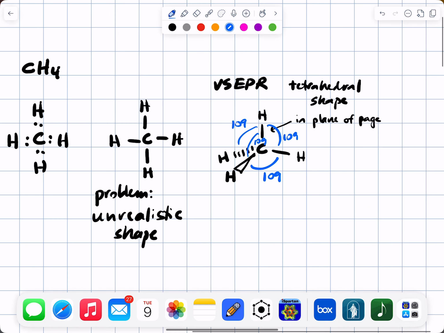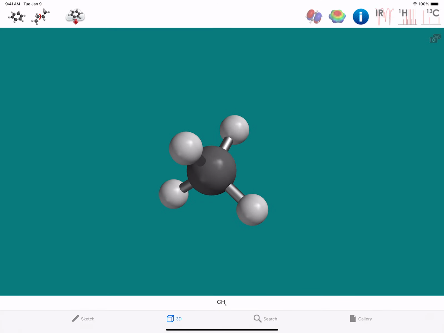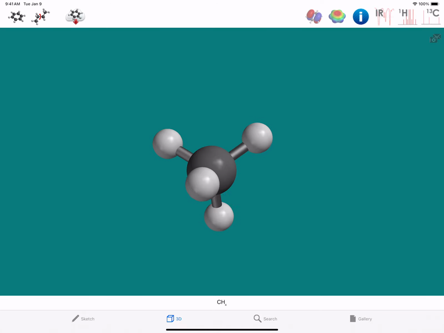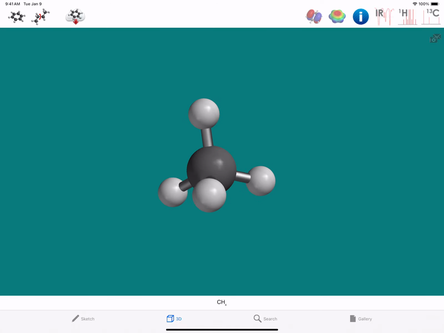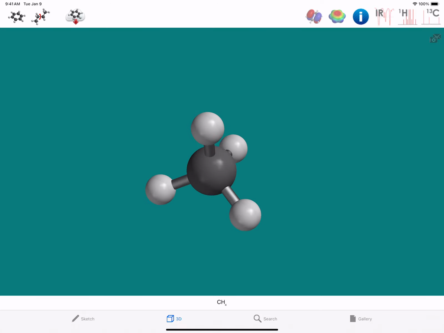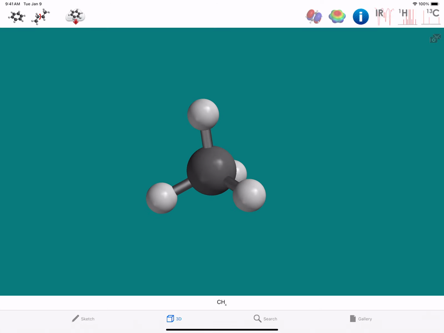All right, let's give you a picture of what that molecule actually looks like so you can see the analogy between what we've drawn and what the molecule looks like. Here is an app called Spartan that shows 3-dimensional structures of molecules. This is methane, and you can see the tetrahedral shape with the 109-degree bond angles.